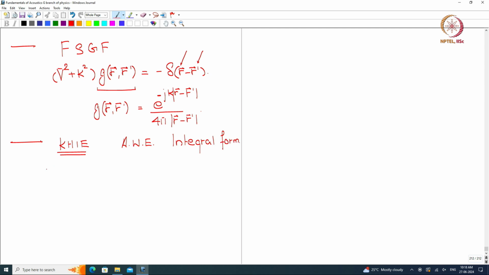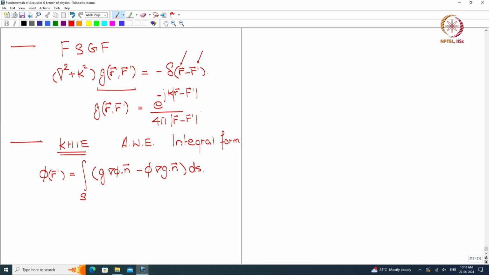So what we get is phi at a receiver location r dash is an integral over a surface where you have G del phi dotted with N minus phi del G dotted with N over a surface area.